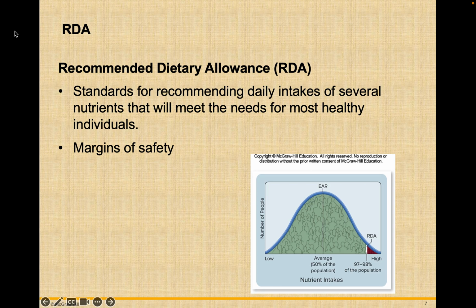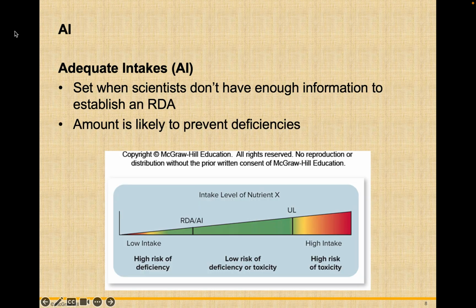EARs are used by scientists to set a specific nutrient recommendation. AIs, or adequate intakes, are set when scientists don't have enough information to establish an RDA. The intake amounts are likely to prevent deficiencies until more research is completed.